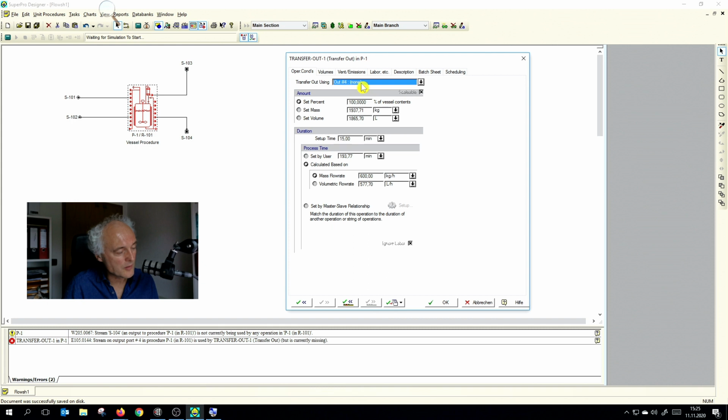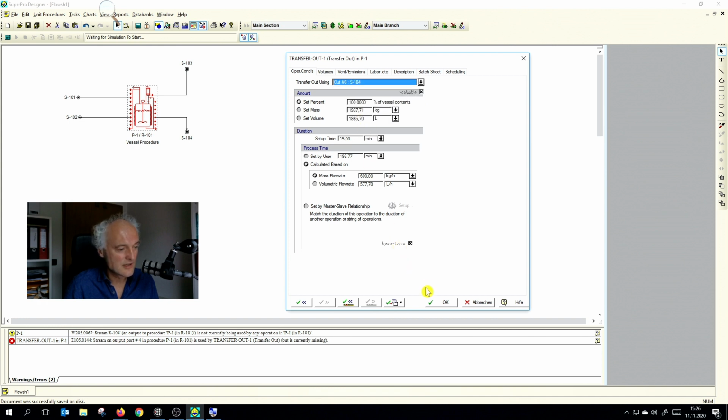We have port 4, but no stream is associated here. And then we also understand the first message: we have drawn a stream 104, which is not used by any operation, because we have clicked the wrong port. So we have to use port 6, because there we have the stream 104 being associated.